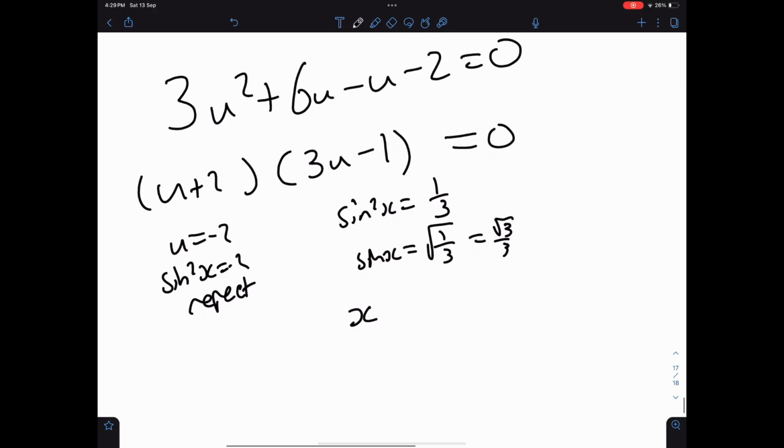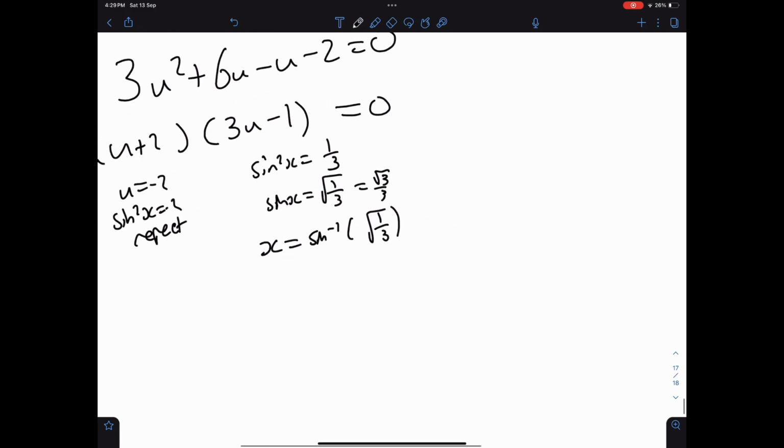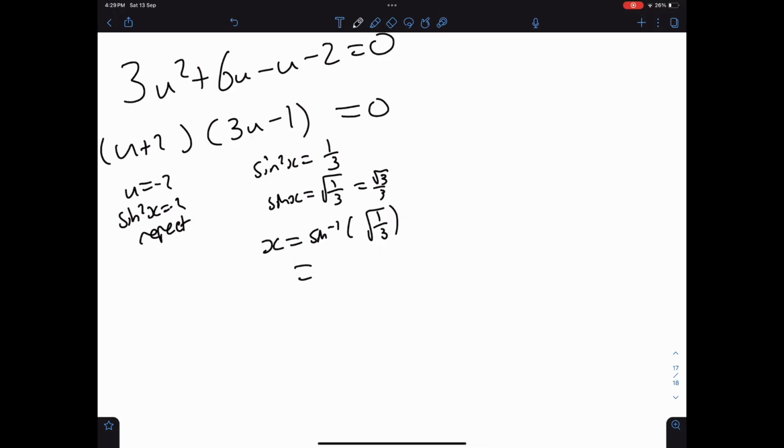Well, it doesn't really matter. And then we do x equals sine inverse of root 1 over 3. And if you put that into your calculator, you get about 35.3 degrees.